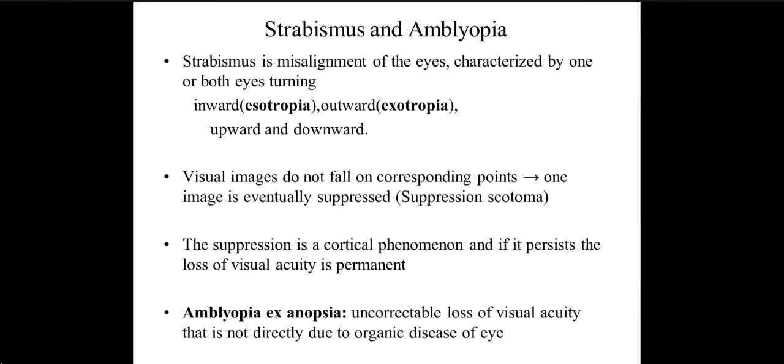Some of the extraocular muscles are weak, that is why there is strabismus, and in that case there is diplopia. One image is suppressed, and this suppression is done in the cortex, in the brain.